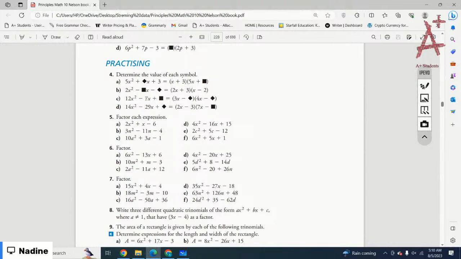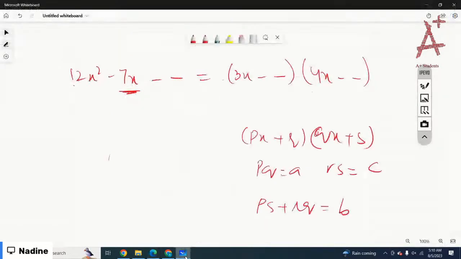So 3x plus 4x makes 7x, right? It is 1. Here you have 1 and here you have 1. How do I know? You can see you have here negative 7x, right? That means negative 7x comes from the 3x and 4x you are given.